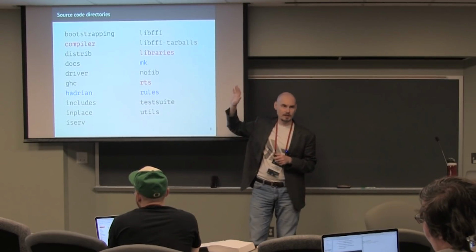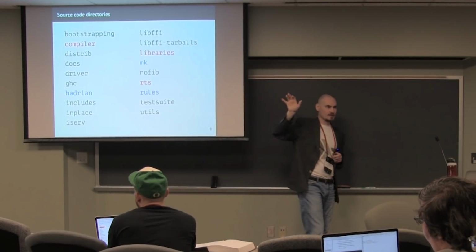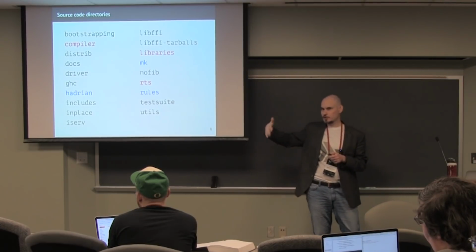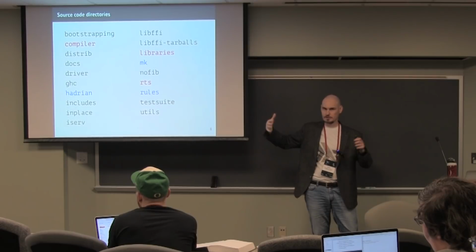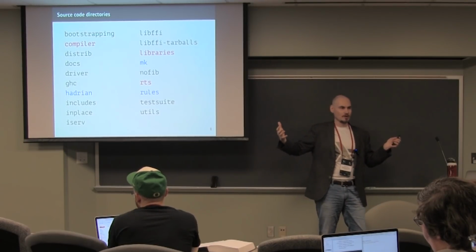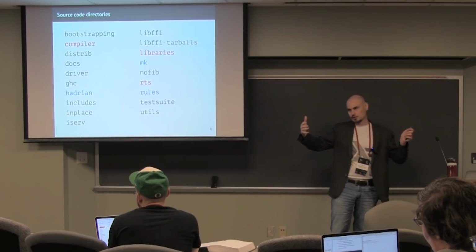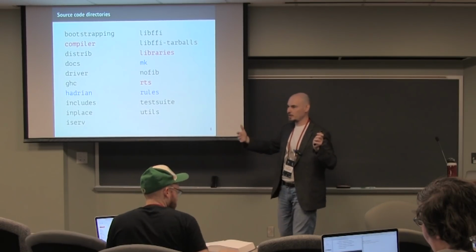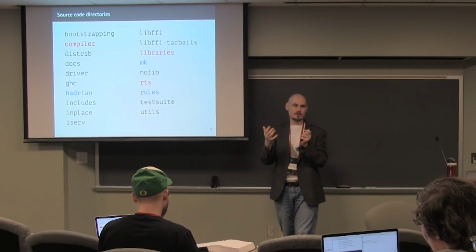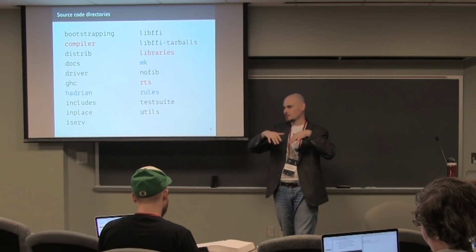Bootstrapping is a quite regular process for building compilers. When you want to build a compiler, you need a compiler. This is basically bootstrapping. In order to build the newest version of a compiler, you normally need the previous version. Sometimes it is possible to build a compiler with several previous versions.